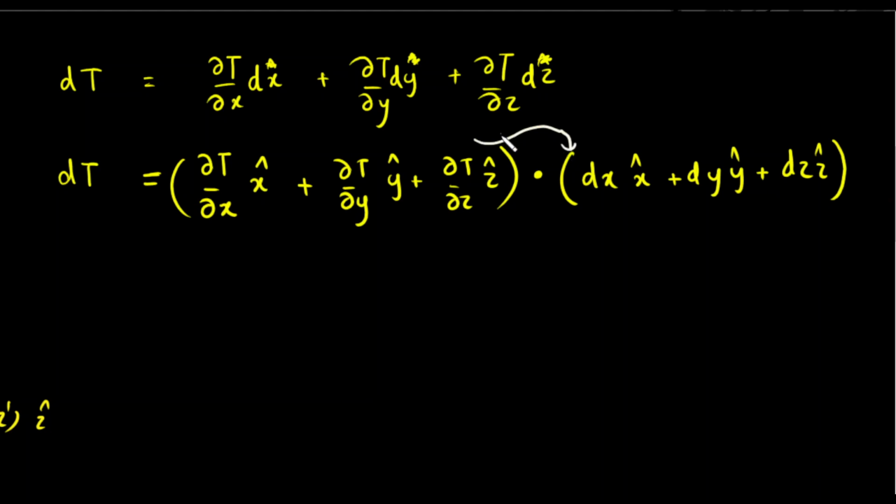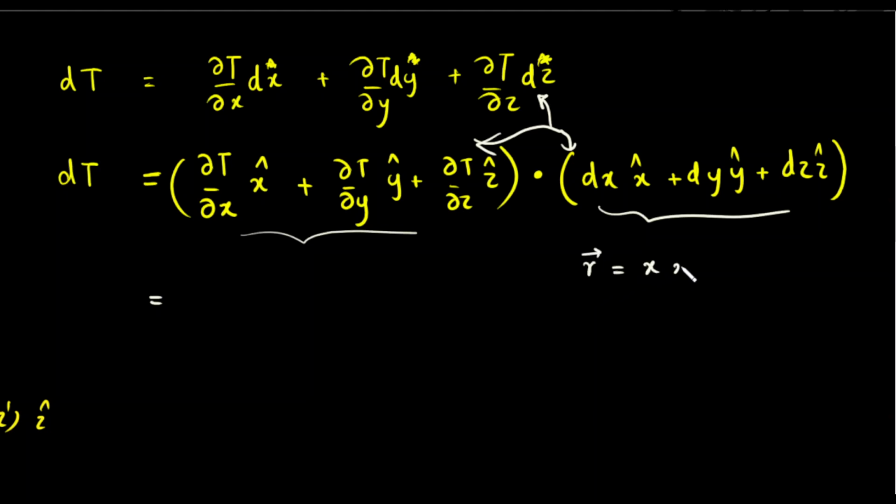When we expand this dot product, we get a similar expression for dt. Now if we take a look at this expression, there are two vectors. If we take a look at the last vector, from the knowledge we have seen, the r vector is the position vector.